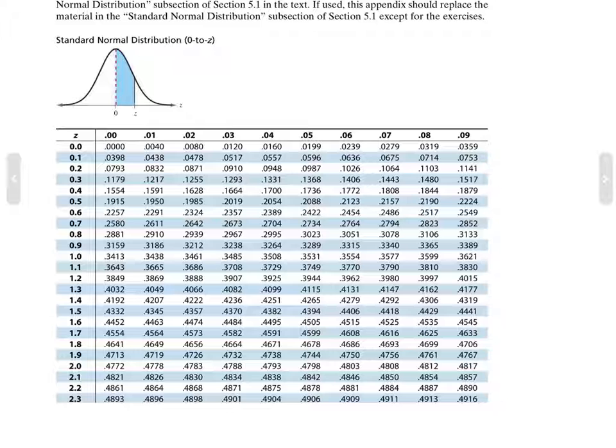In a 90% confidence interval, what we're doing is we're basically capturing, again, the middle 90% of this normal curve. Now, this table that we have access to in our textbook gives us the area between the center to the upper end of that interval.